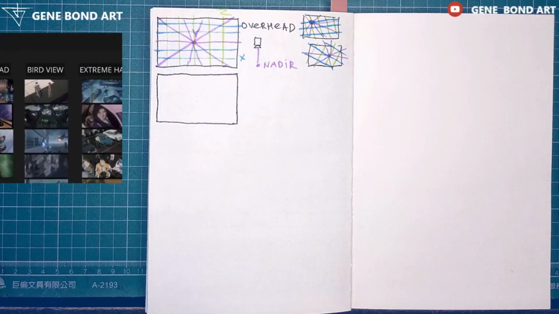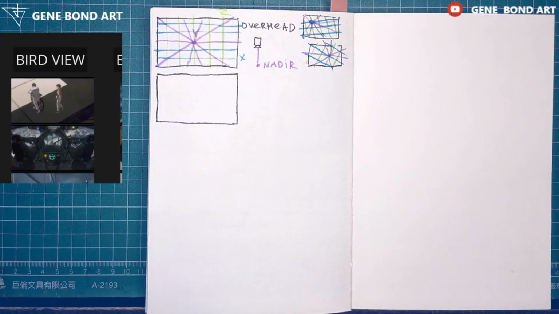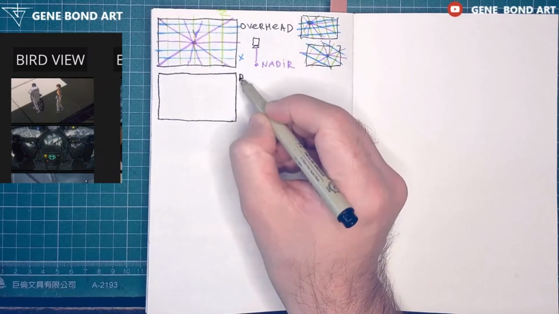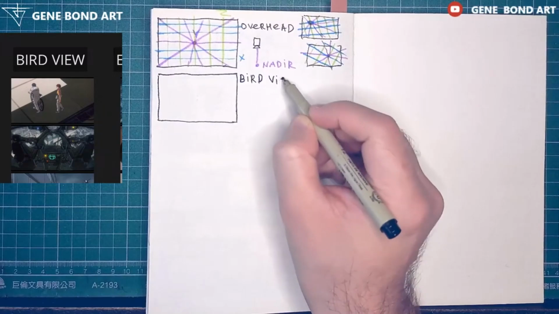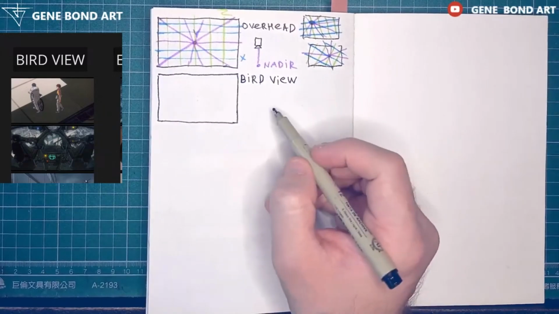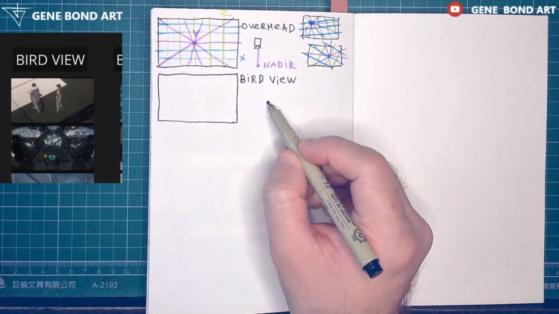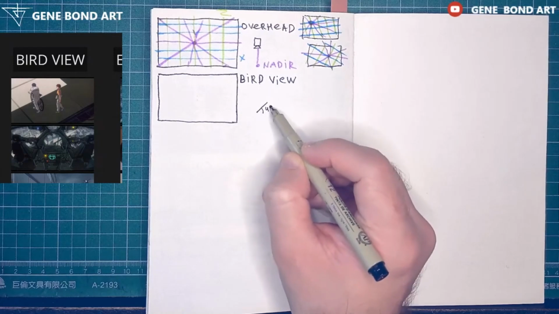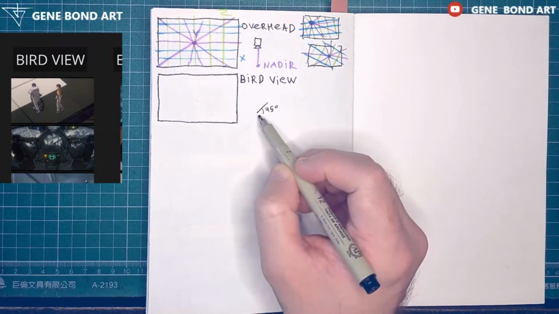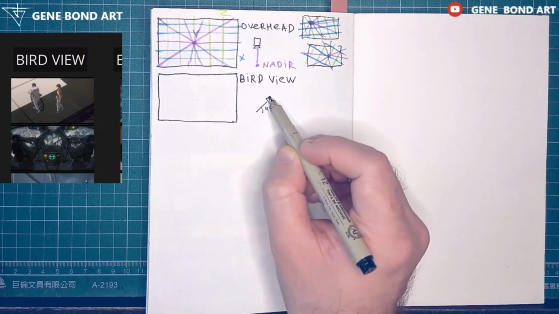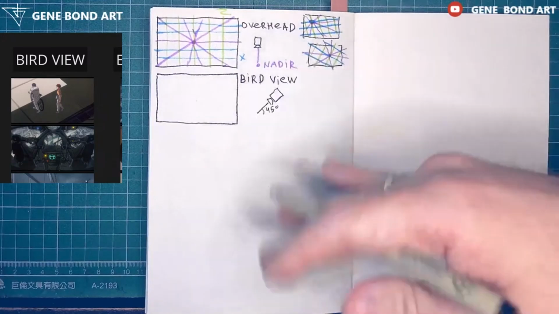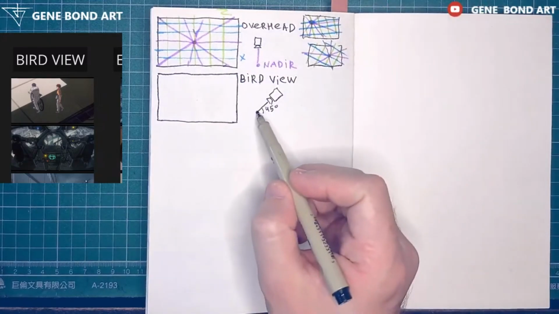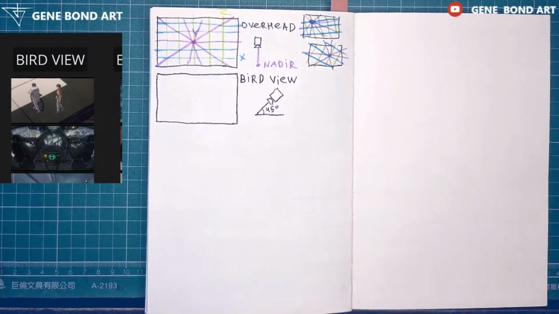Then we have bird view. Here the camera will be at about a 45 degree angle, but something around it, it doesn't need to be exactly 45.